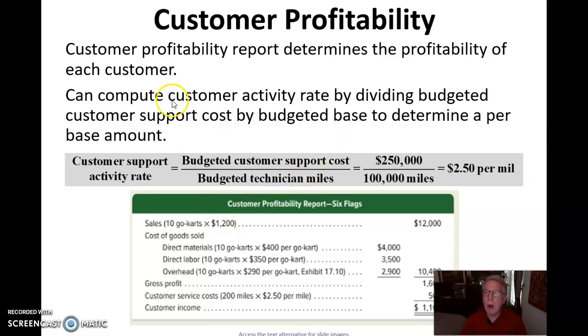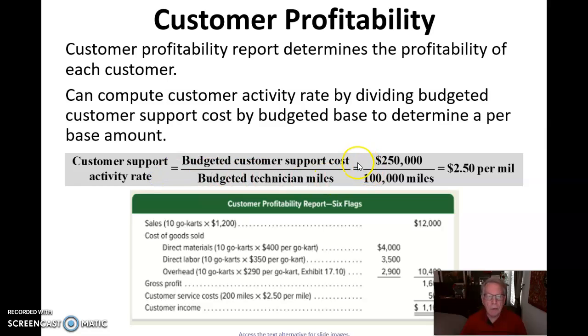So our customer profitability here determines the profitability of each customer. And we can compute that customer activity rate by dividing our budgeted customer support cost by the budgeted base, just like we did before. So here's our customer support activity base.